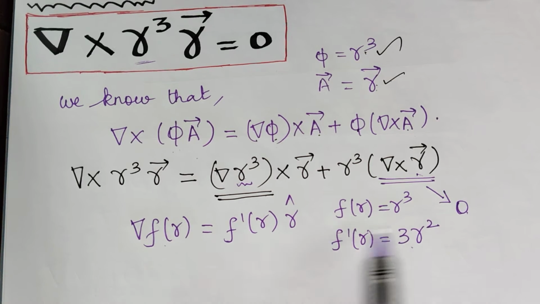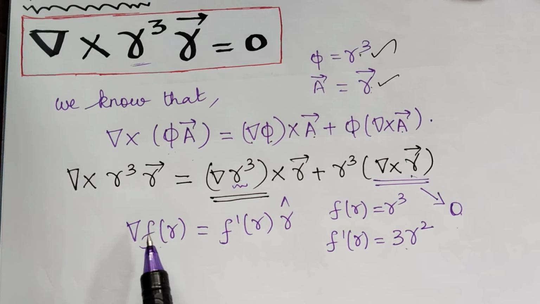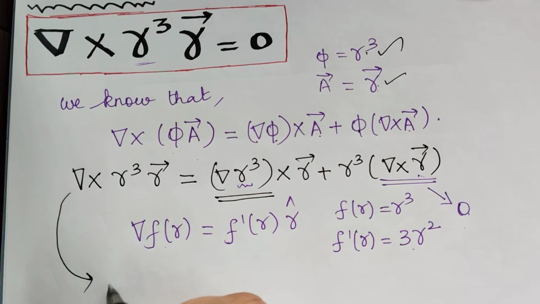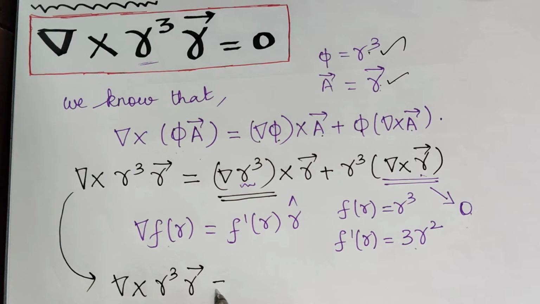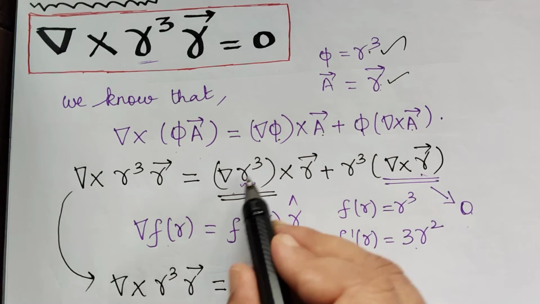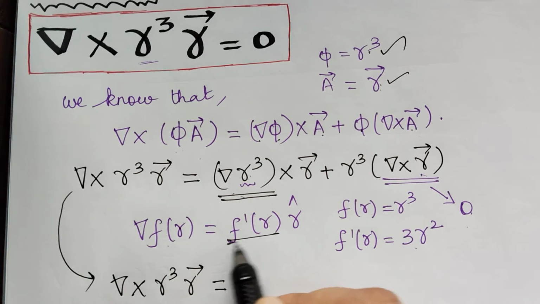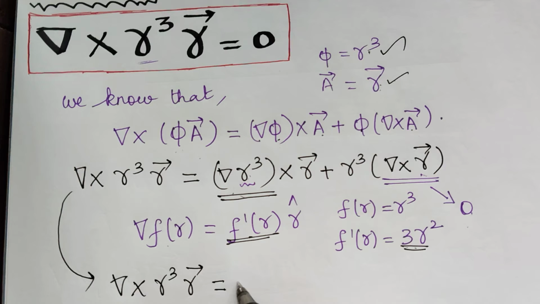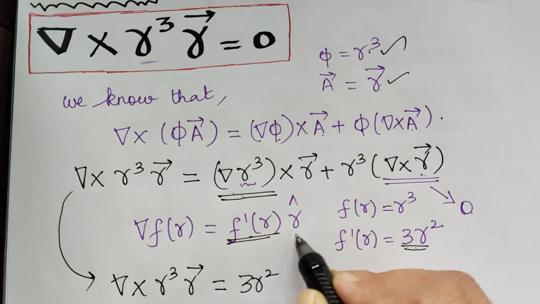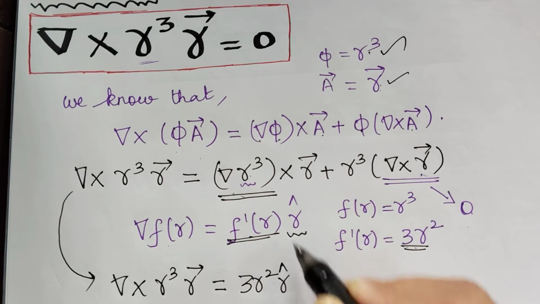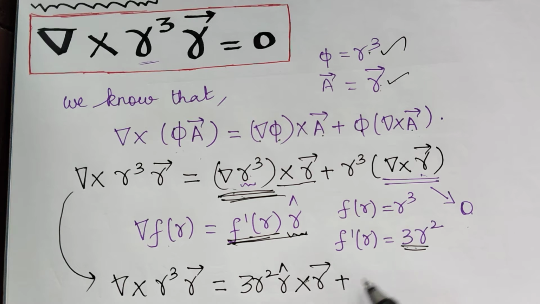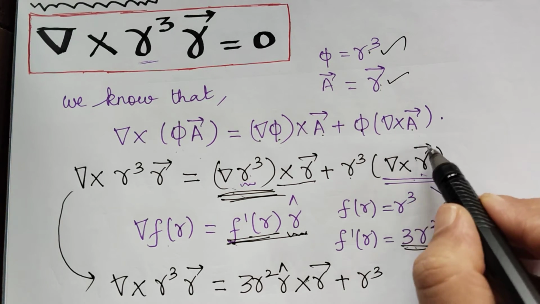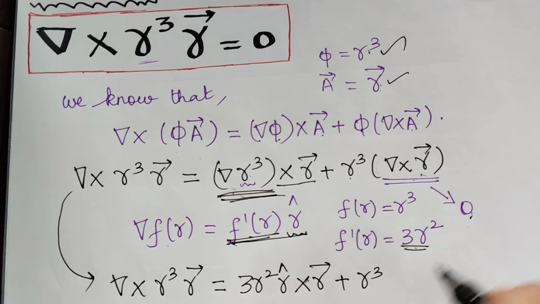So now applying these two results, the left hand side, that is ∇ × (r³ r vector), is equal to, applying this result first, f'(r), which is 3r², so 3r² r cap. For this we have used this result. Then cross r vector plus r³ multiplied with this, and we know that this is equal to 0.